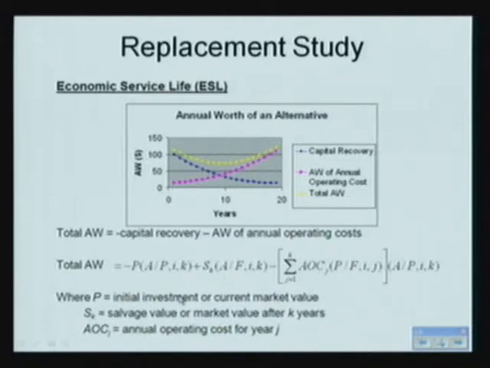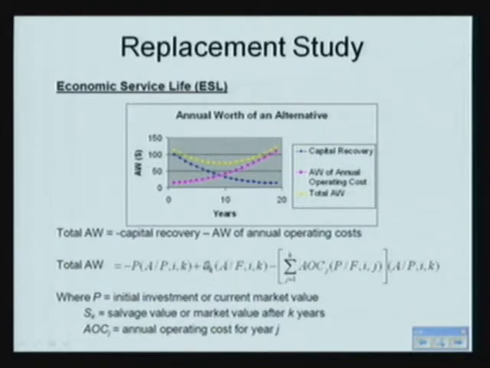It's S sub k, the salvage value after k years. So I really should be putting a small k on this annual worth, AW sub k, and that's the initial cost spread over k years plus the salvage value spread back across that same number of years.